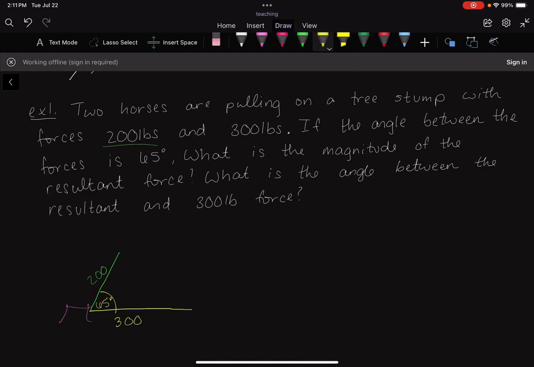If something is a bigger magnitude, a bigger force, usually we would draw that a bit longer. That'll be important later when we do some airplane problems, and you'll see why it might be helpful to draw it well.